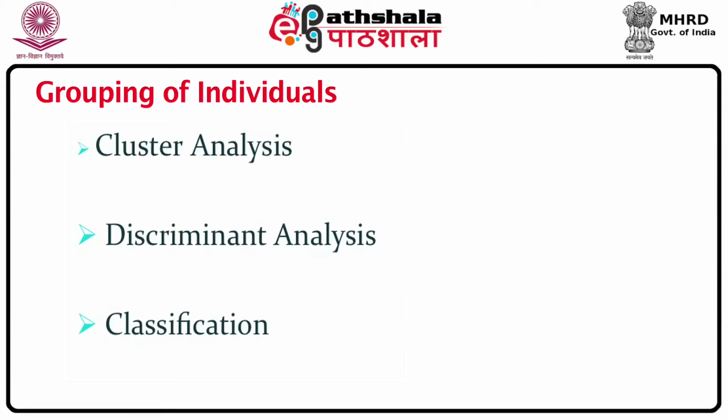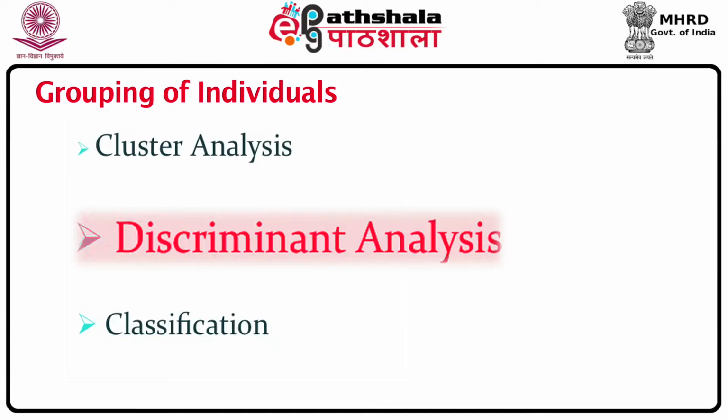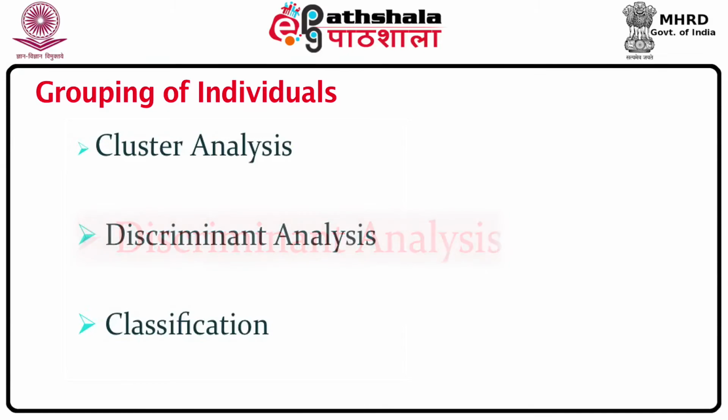Once these clusters are formed, the next problem is to identify why these clusters are different from each other. So we need to study the properties of each of these clusters according to the different characteristics. This is referred to as discriminant analysis, where we discriminate between the clusters.